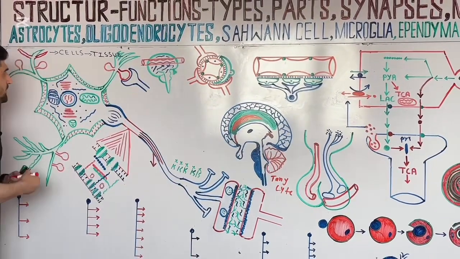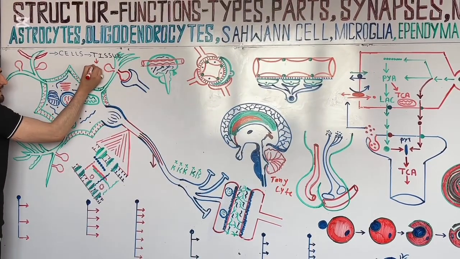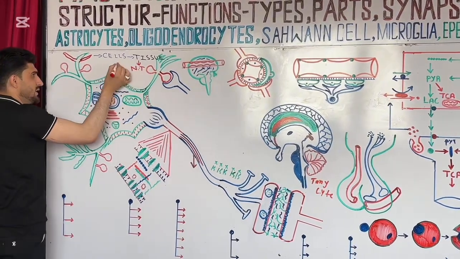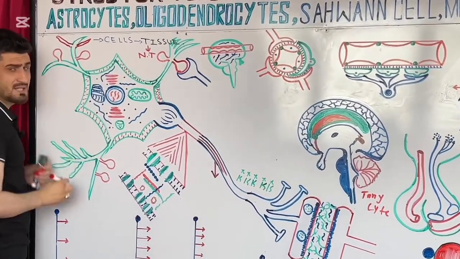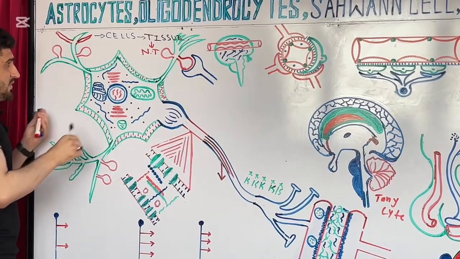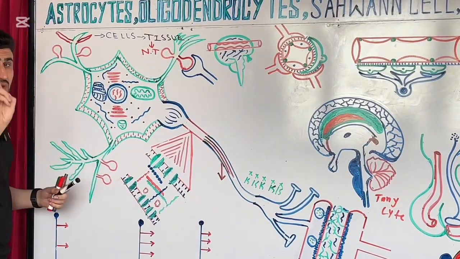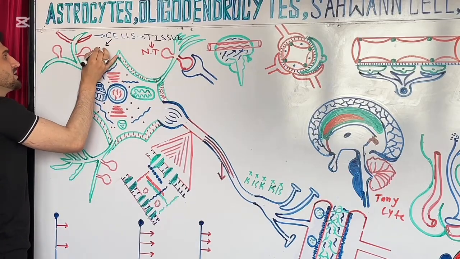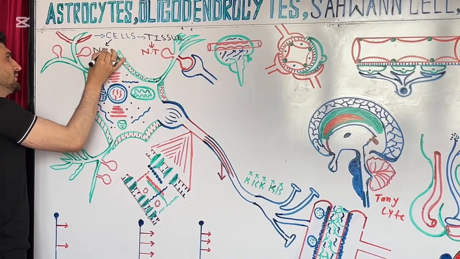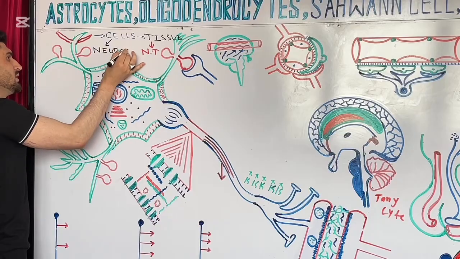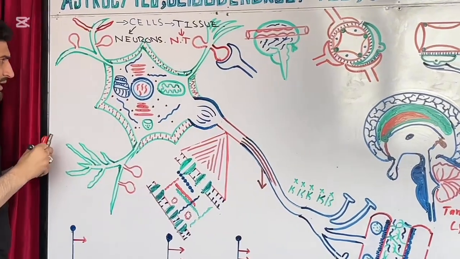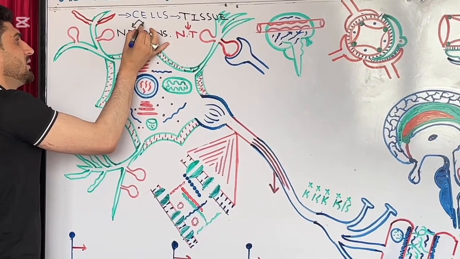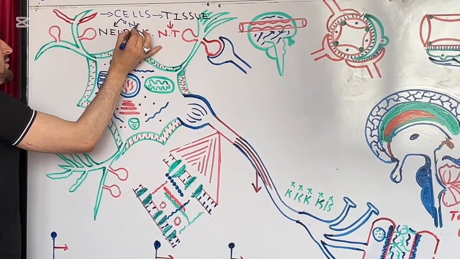Okay, so this is a nervous tissue. This nervous tissue is made of these cells. It is made of two types of cells. One type of cells are called neurons, and another type of cells are called neuroglia, or glial cells.